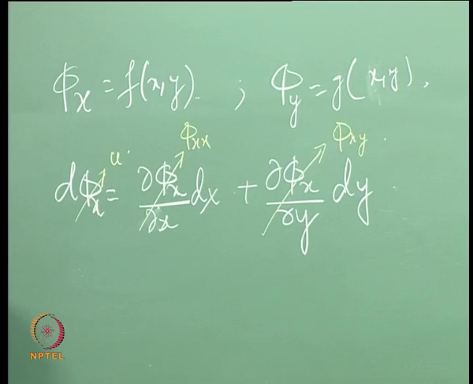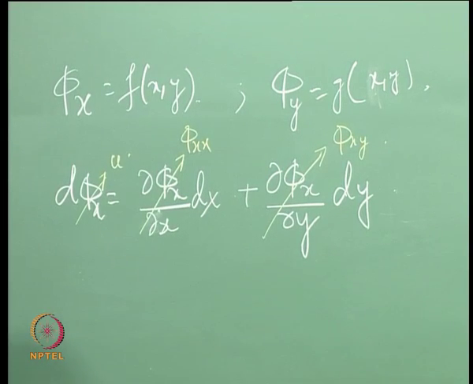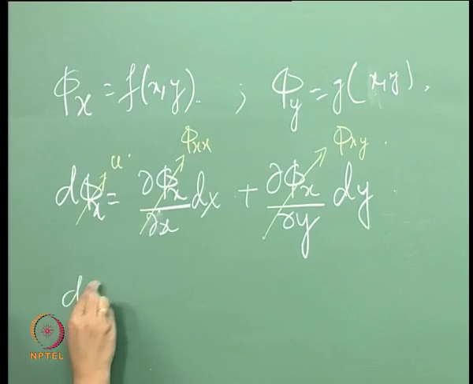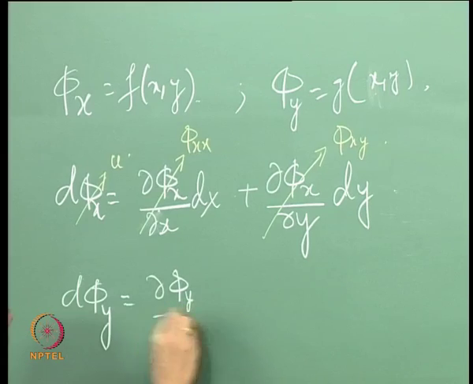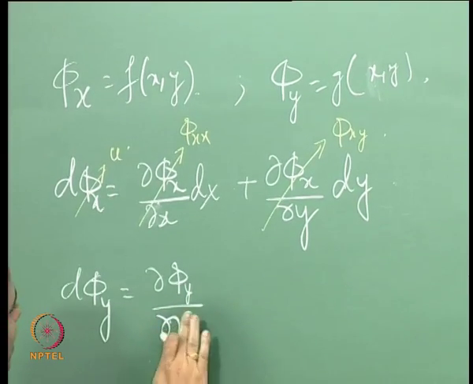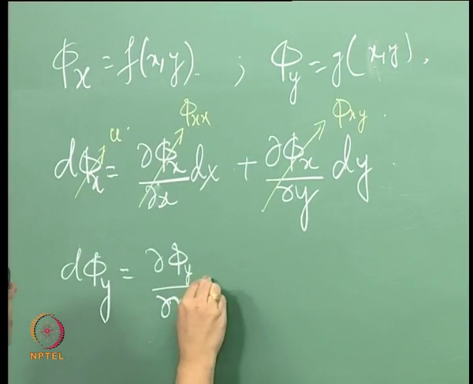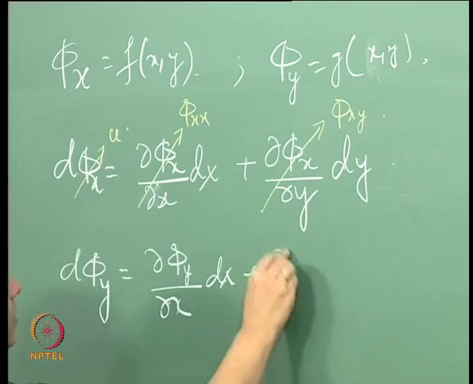Similarly, we can write d phi y. So this d phi y is nothing but the derivative of phi y with respect to x, dx.